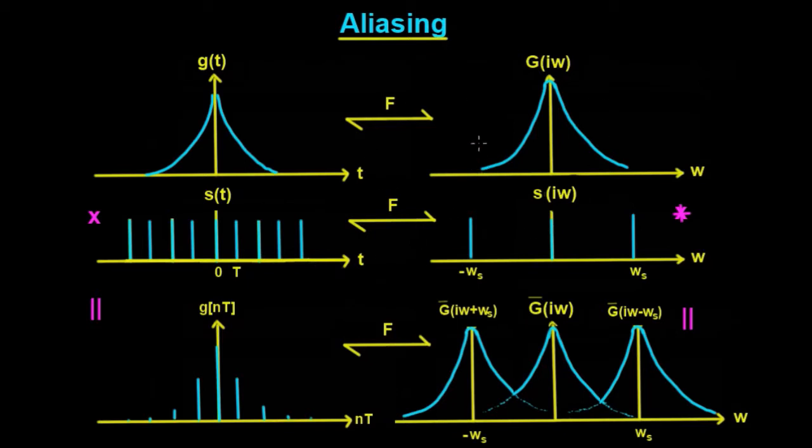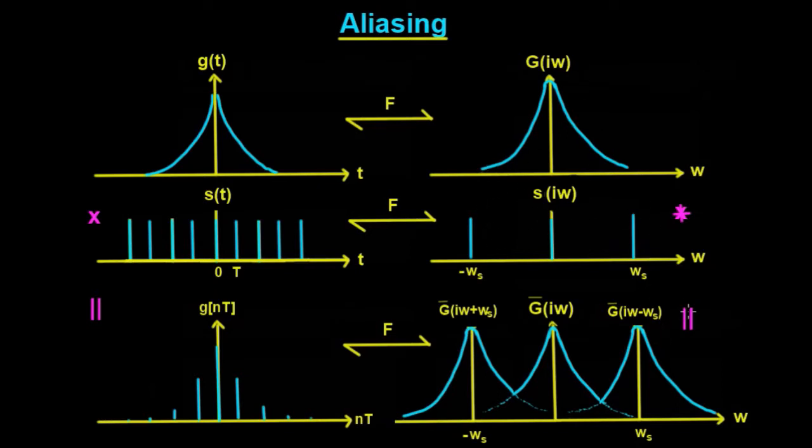Now there's another thing here that I'm not going to prove, and it has actually been proven in the Fourier and Laplace transforms course, and that is that if we were to multiply two functions together in the time domain, it's equivalent to convolving them in the frequency domain. So we're going to convolve these two functions.